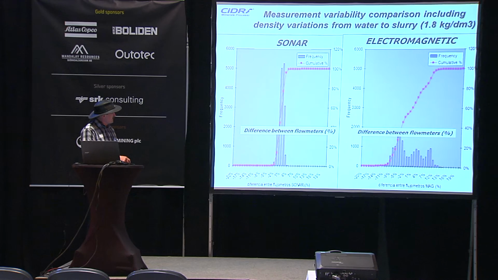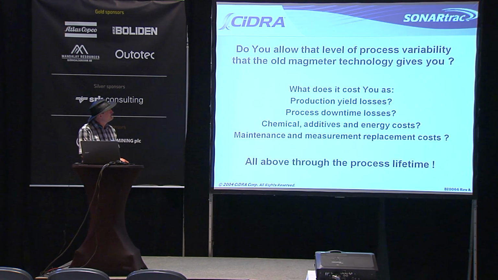And this is measured by our customers, not by us. And it's a very typical picture. Even here, the material ore is not magnetic. It would be an even bigger difference in favor of Sonar if there were magnetic components in the material.